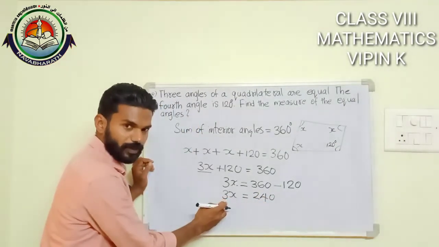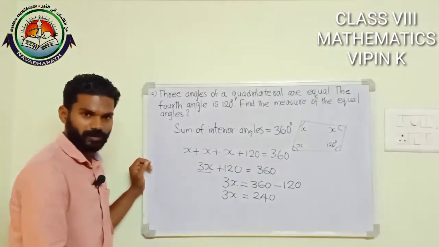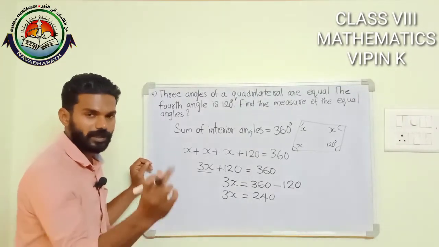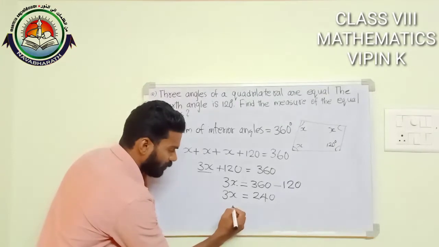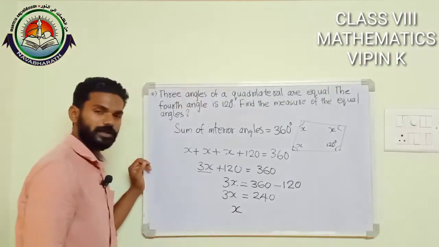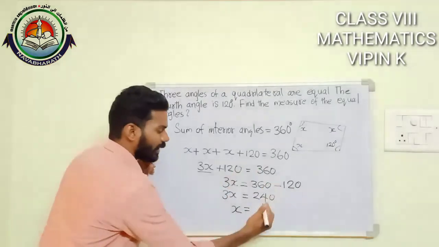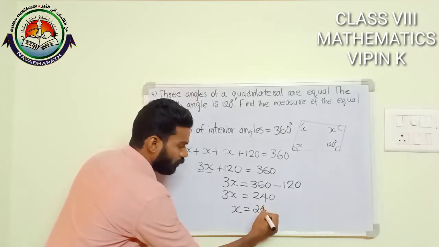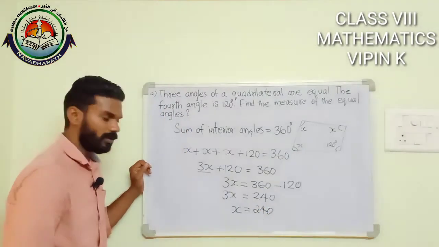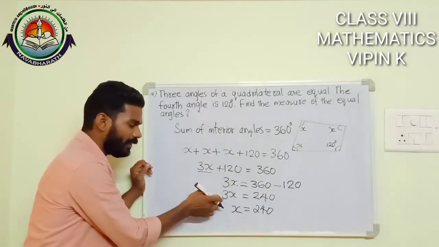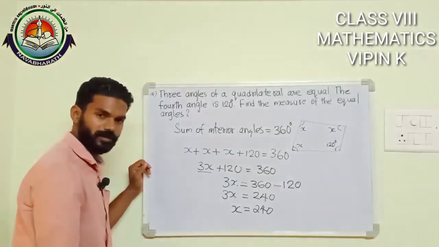Now how can you find x? This 3x means 3 into x. From that you need to isolate x only. So here it would be x, then put the equal sign. On the right it would be 240. Now you have to carry this 3 to the right side.